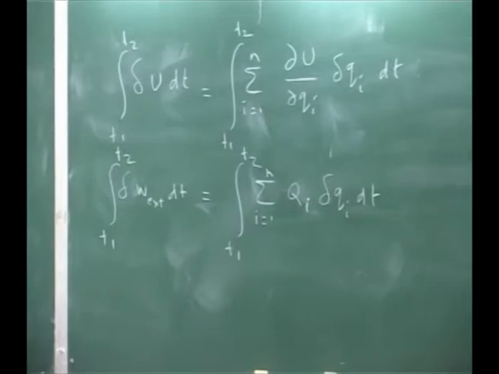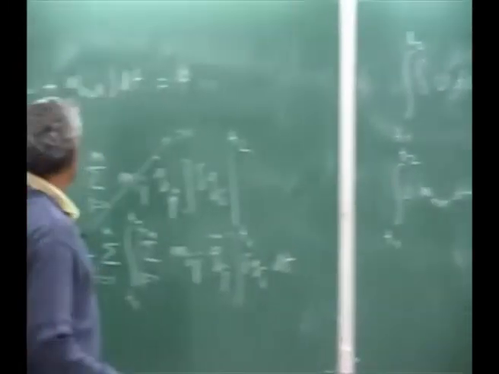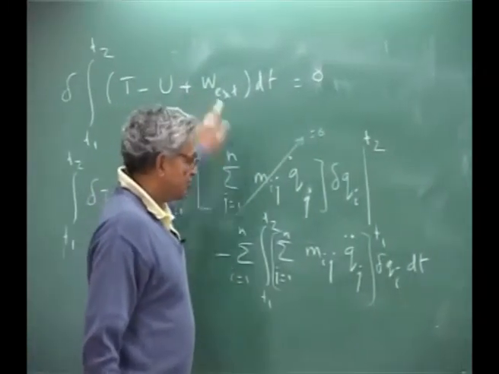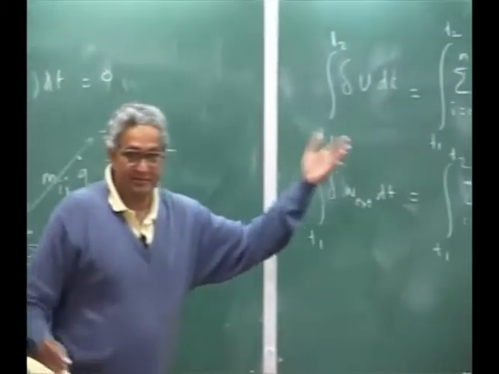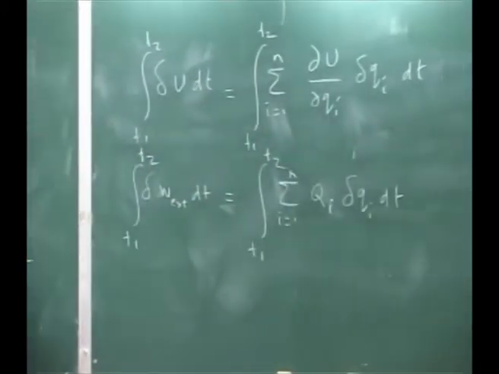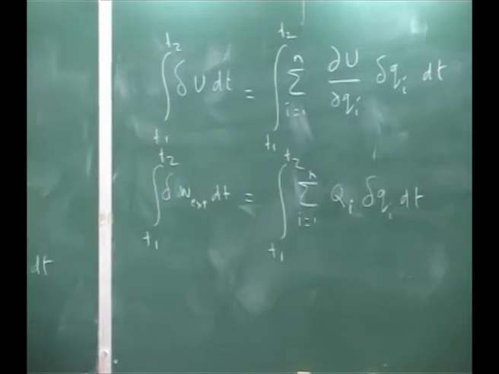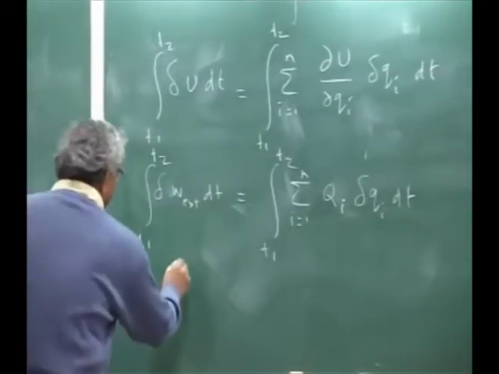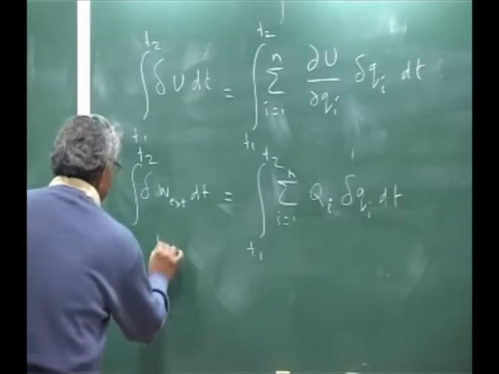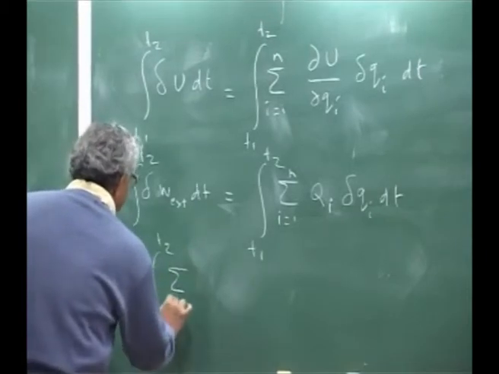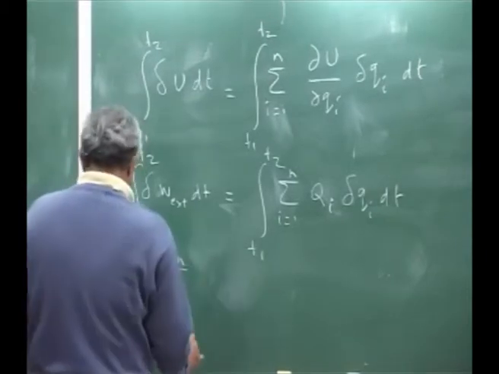Now you have to combine, put it in this. You say all my delta q_i's are independent. Therefore, if I substitute in this, you will have your equation t1 to t2 summation i running from 1 to n.